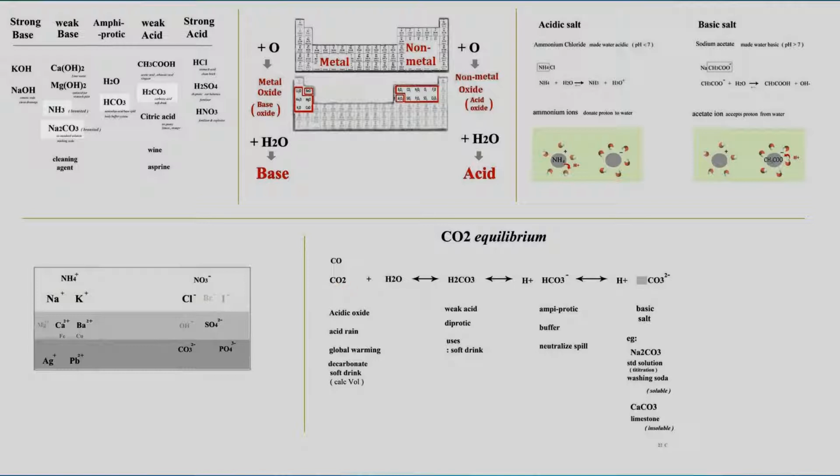Carbon dioxide with water forms carbonic acid, which ionizes into H+ and HCO3-. So if you learn this Solvay process well, you can really understand the full chemistry concept of all the confusing hard parts, that you can handle well.